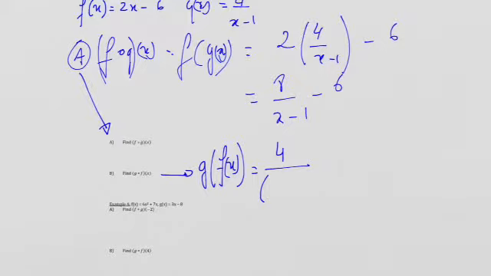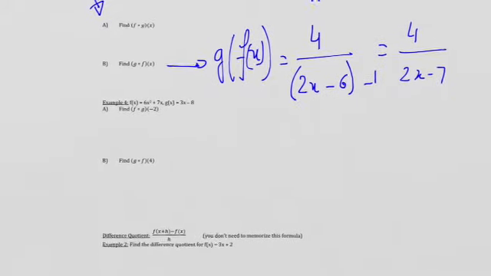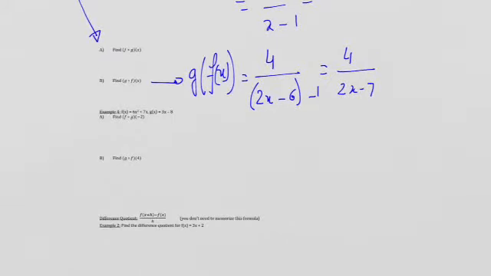So it's going to be 2x minus 6 minus 1. So I'm getting 4 over 2x minus 7. I'm going to let you do the example number 4 on your own.